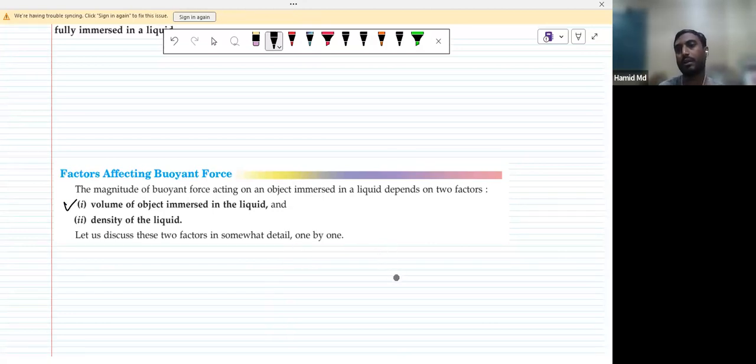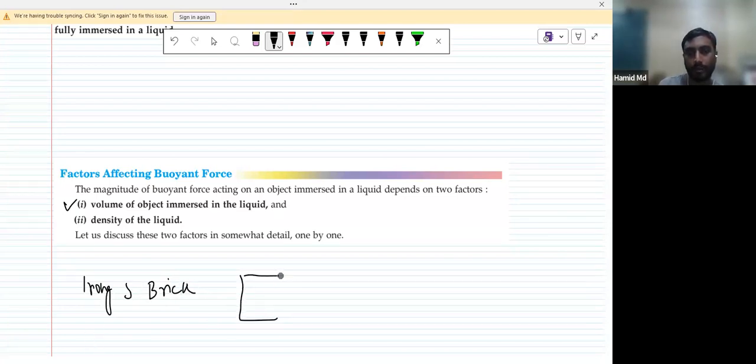Either you are taking an iron slab, or a brick of the same volume, or an ice brick.